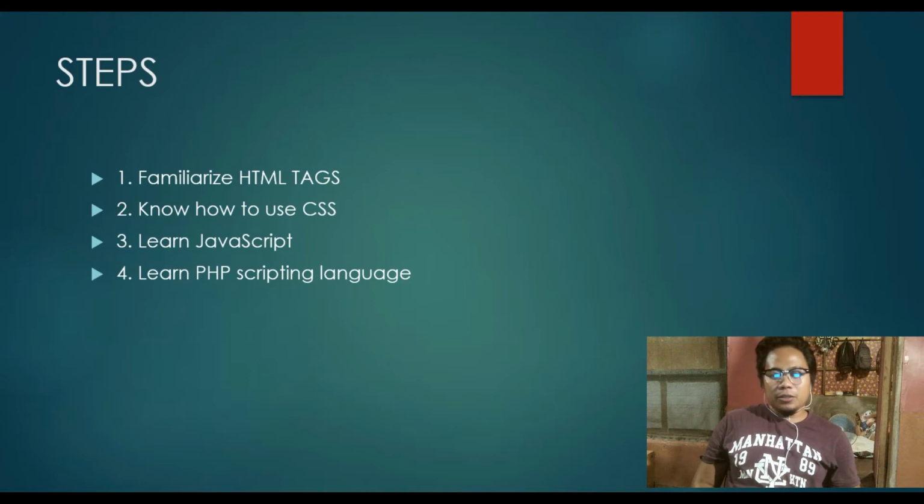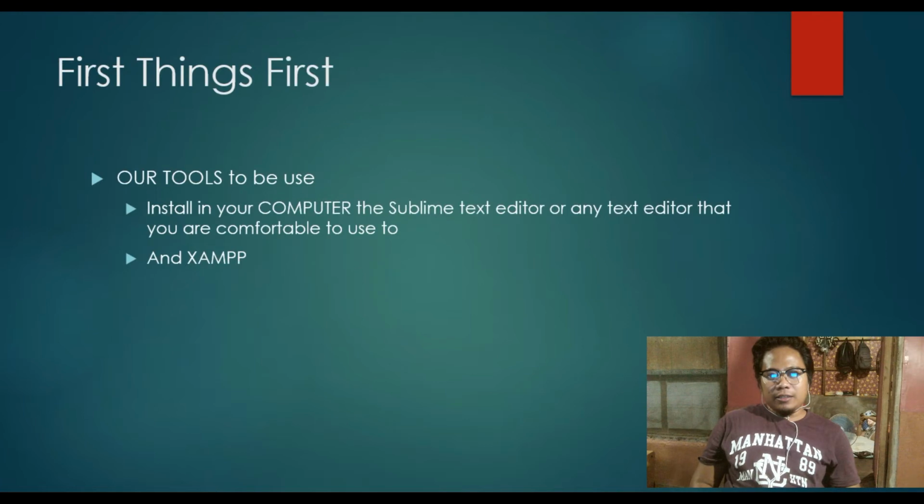So let's learn before we go to actual coding. You must first install the software that I have mentioned here, the Sublime Text or any text editor that you are comfortable to use, and for our server, the XAMPP.